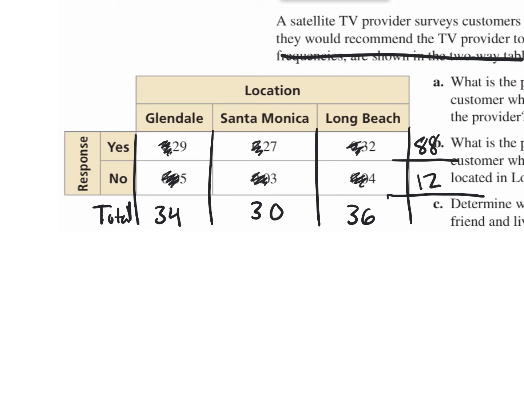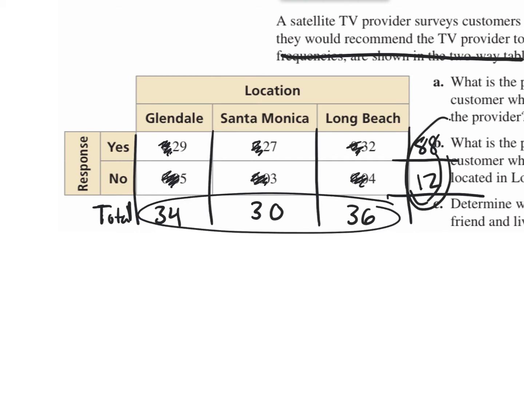So how many people total do we have? This is the amount of total people by where they live, and this is the amount that said yes or no. So we're not adding them together, but if you add either the rows together or the columns together, they'll add up to the same thing. So it's 100. Perfect.